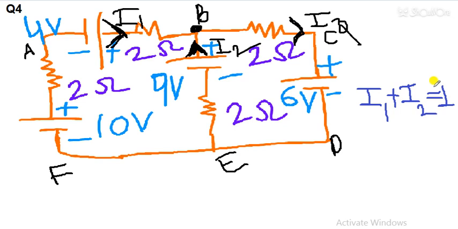Two currents are moving towards and one current is moving away. So I1 plus I2 equal to I3. This is the equation of junction B, you can note it down.